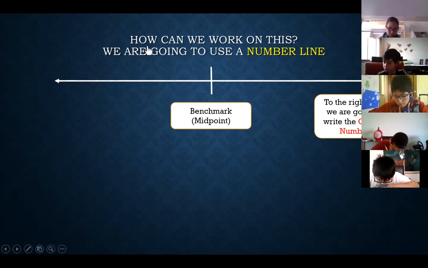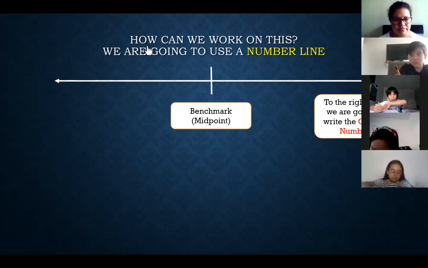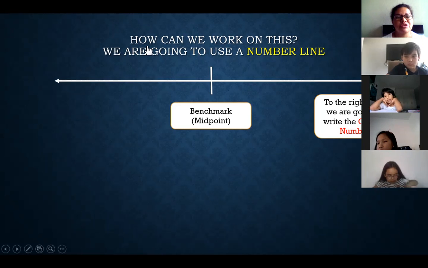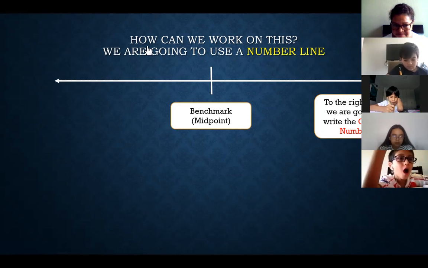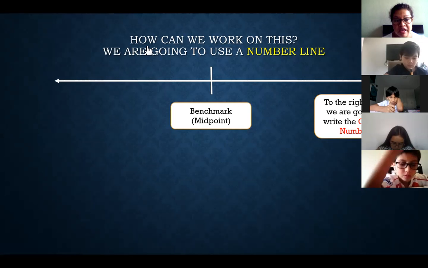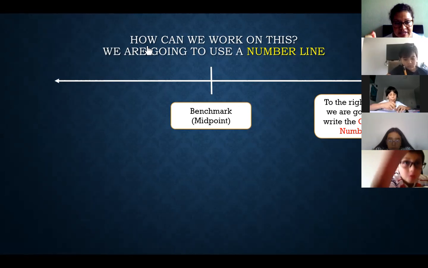Okay, let's continue. No, teacher, I didn't finish. Okay, don't yell, talk. Miss Carmen, do we write the 400 and the 450 and the 500? Yeah, if you want to, you can write it out because that gives you an idea.